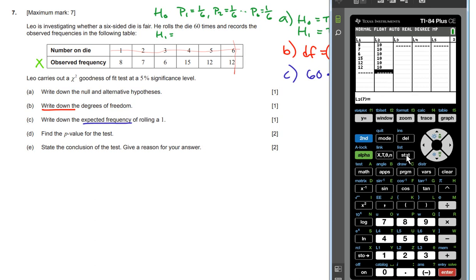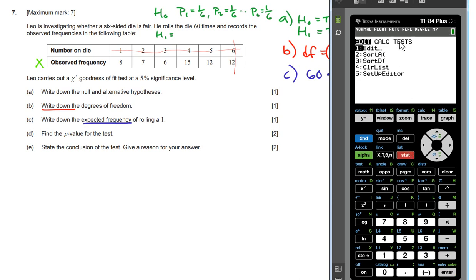Now, fingers crossed, we should be able to go back into stat and go over to tests. And then we're going to go down to the chi-squared goodness of fit test, and now it will give us our p-value. We push enter. The observed was in list 1, that's what we put in for X, and the expected is list 2, that's all the 10s.